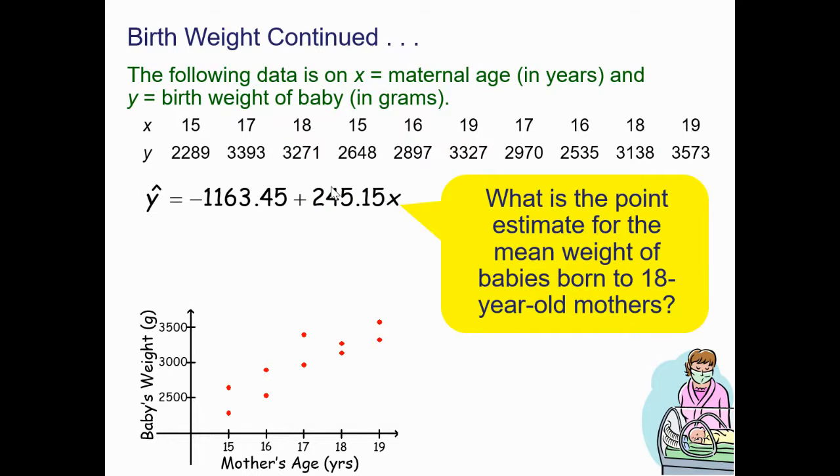Okay, so next thing it asks us to do is, what is the point estimate for the mean weight of babies born to 18-year-old mothers? What can I do to answer that question? Plug in 18 for x, that's right.